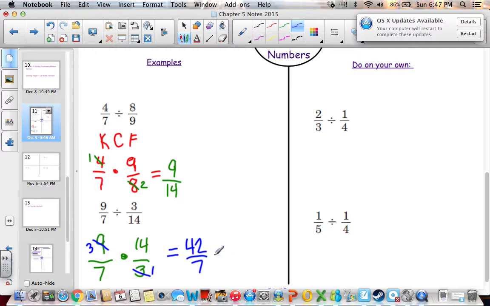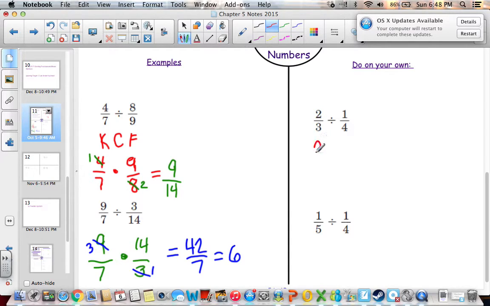So 42 sevenths, I need to convert to a mixed number, which 42 sevenths gives me an even 6, so then my answer is just 6. So remember, keep the first fraction, change to multiplication, and flip. Pause me and do these two on your own, and then come back and check your answers.